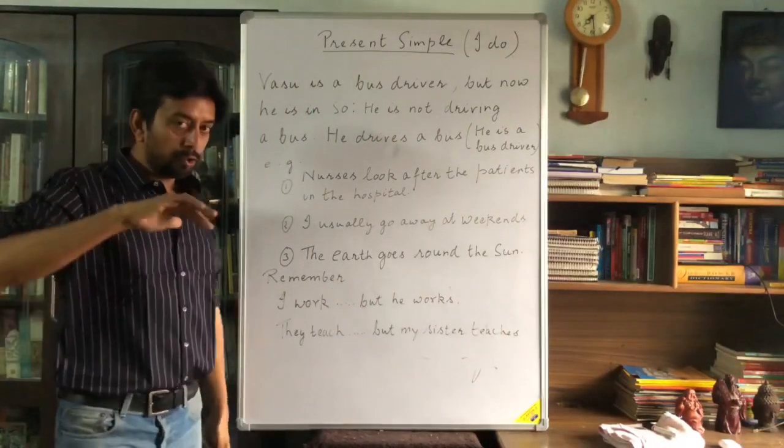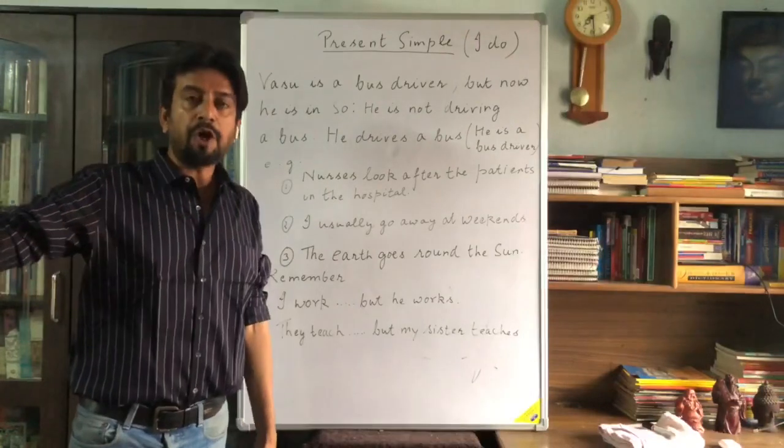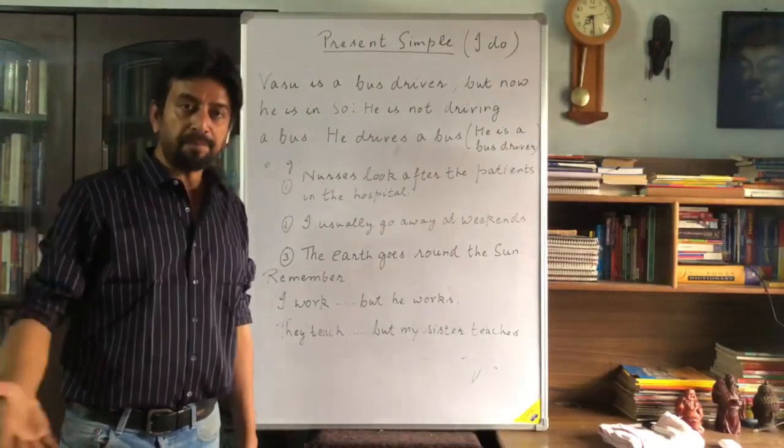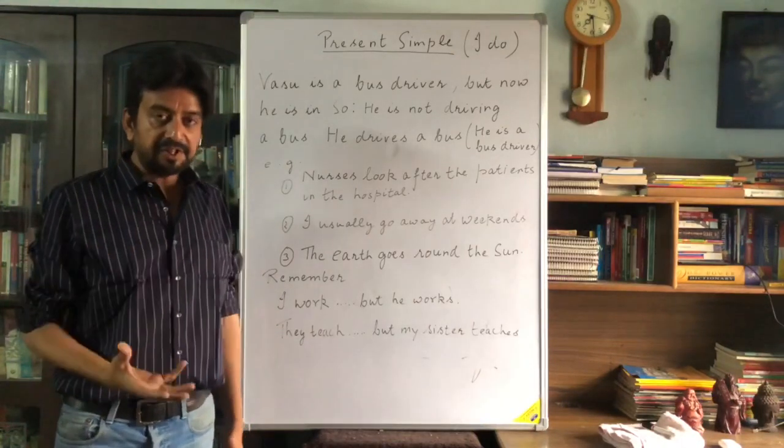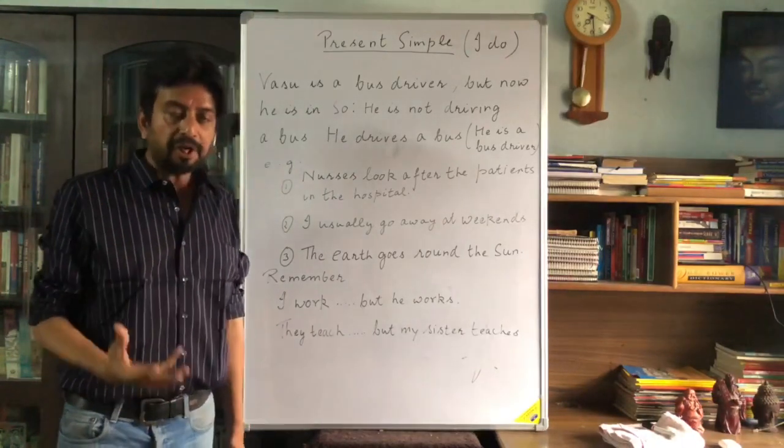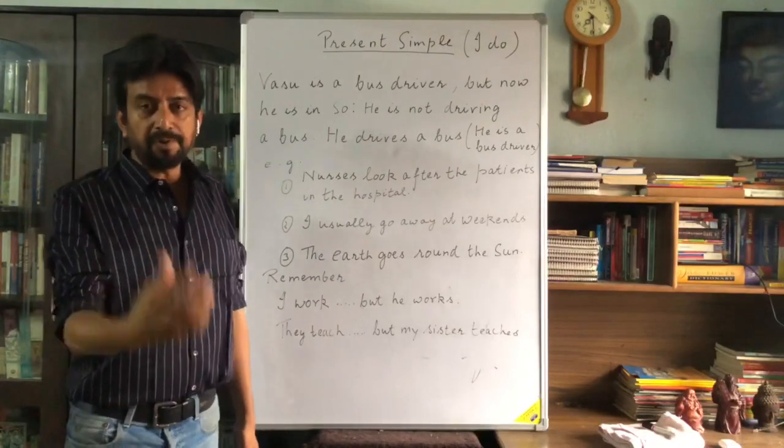Now, don't go into the details of what is present simple in terms of definition, in terms of words. Instead, let us try to find out what is present simple.